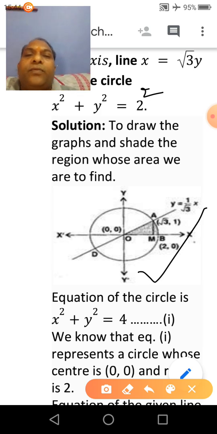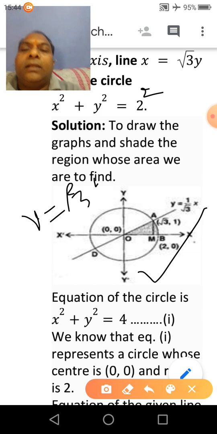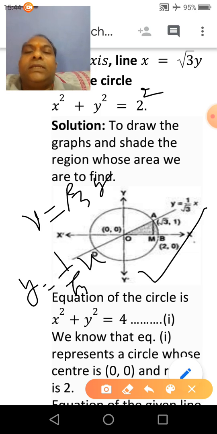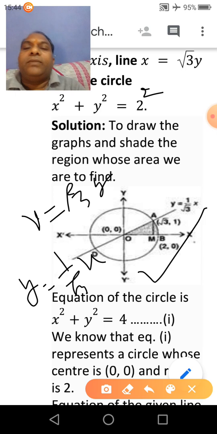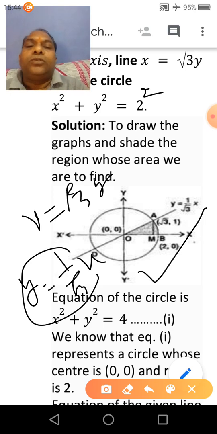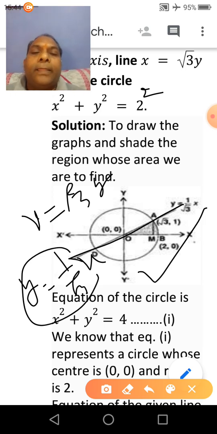And line x is equal to root 3 y, then y will be equal to 1 by root 3 x. So when y is equal to 0, then x is equal to 0. When x is equal to 0, then y is equal to 0. It means this line will be passing through the origin. So draw this line and you have to find the area of said region.